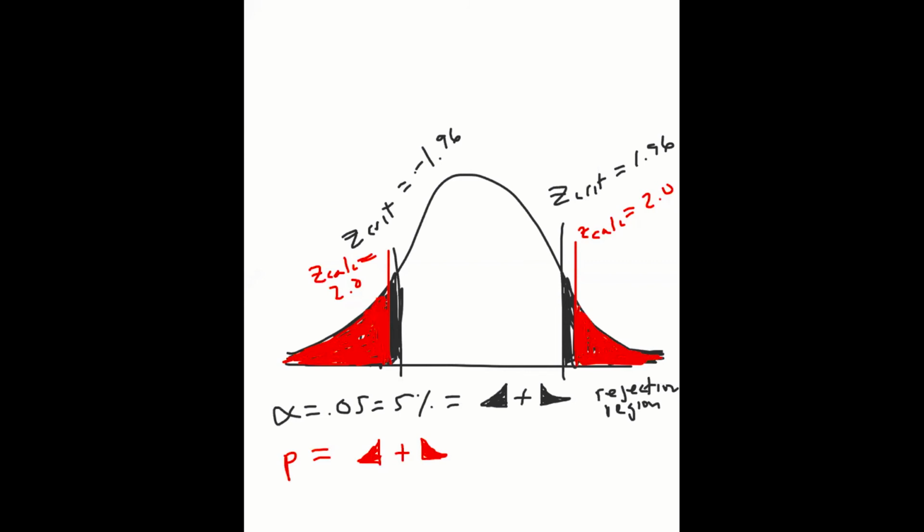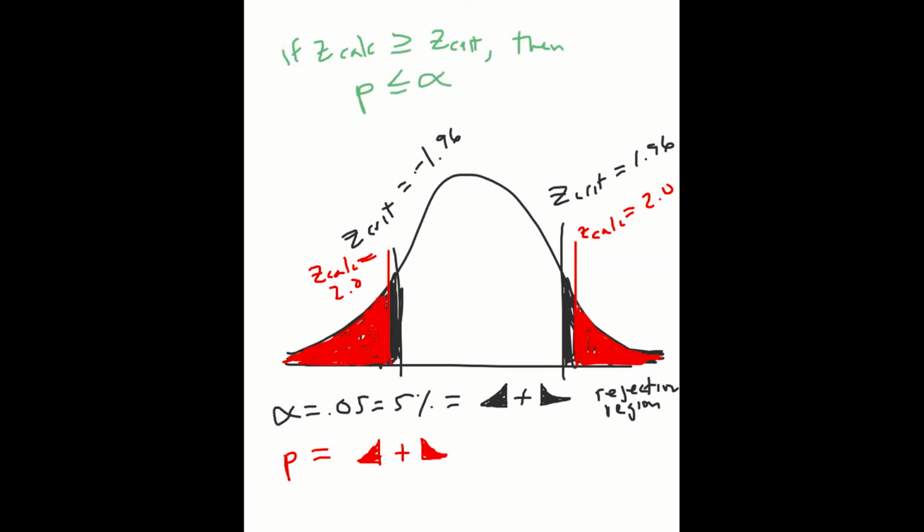So what we can figure out here is that if Z calc is greater than Z crit, then P is going to be less than alpha. We can add equal to.